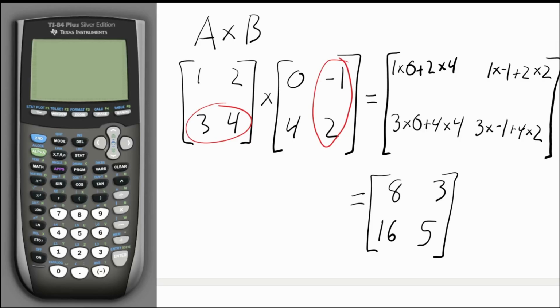Now, it's also important to know which matrices you can and can't multiply together. So in this case, A and B are both 2 by 2 matrices, meaning A has 2 rows, 2 columns, B has 2 rows, 2 columns. Now, when we multiply a row times a column, we need for the number of elements in the row of A to be the same number as the number of elements in the column of B. So the number of elements in the rows of A are determined by how many columns A has.